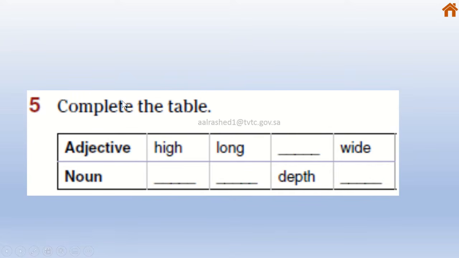For the dimensions, they are divided into two. Adjectives, like high, long, deep, wide. Adjectives describe a noun. For example, Ahmed is smart. What is described as smart? Ahmed, which is a noun.